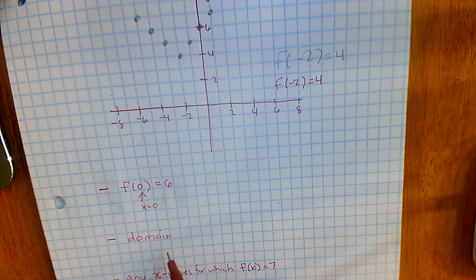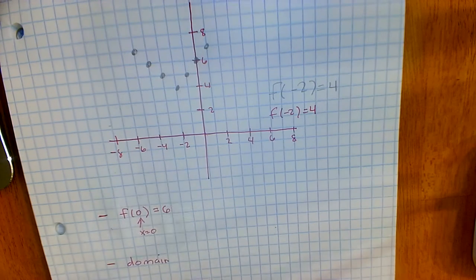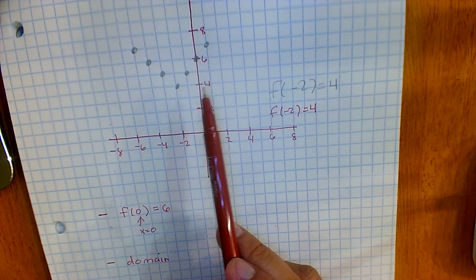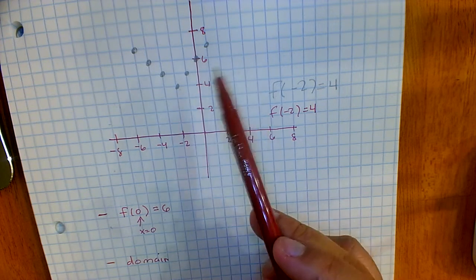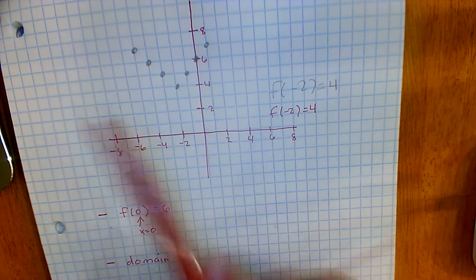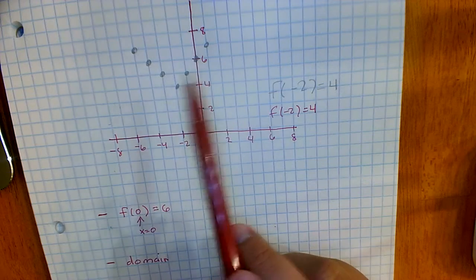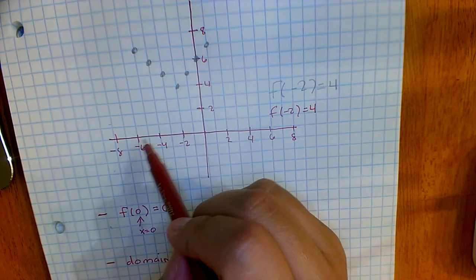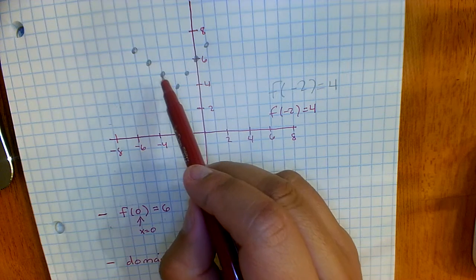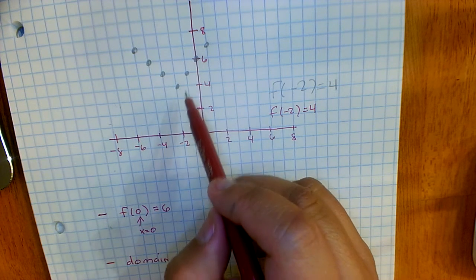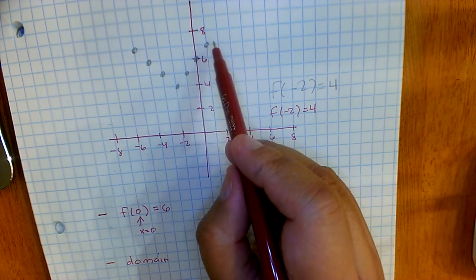They also ask about the domain of the function. If this is all they give me for the function, then I have to assume that the only x values that this function works for are the ones that have points on them. So that means here I have an x value of -5, -4, -3, -2, -1, 0, and 1.